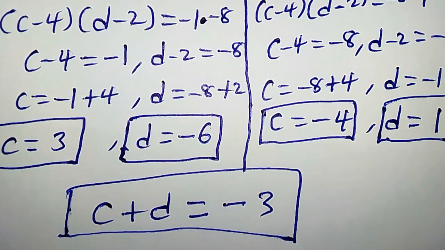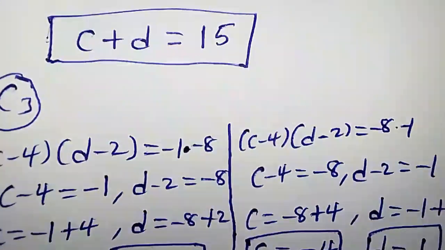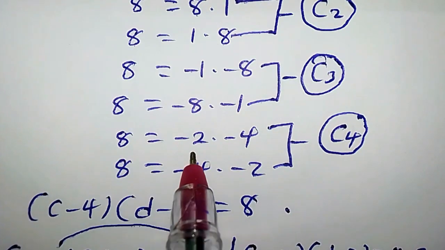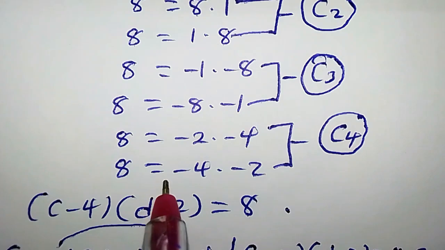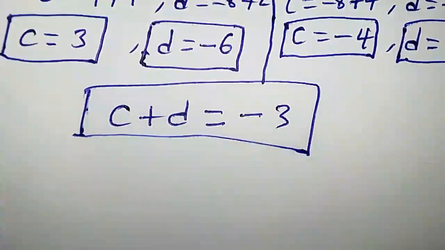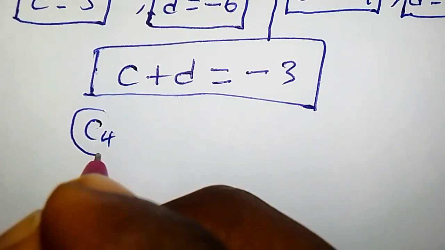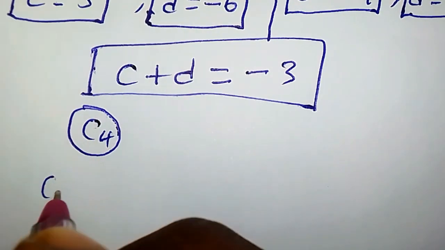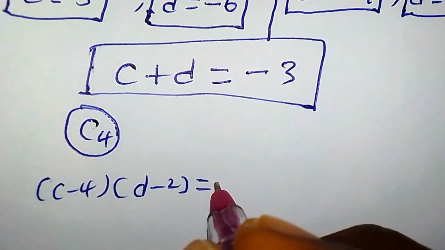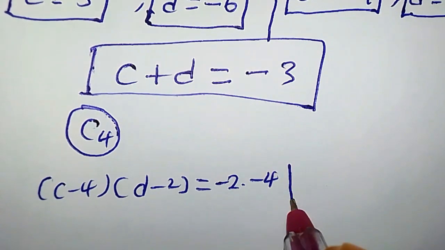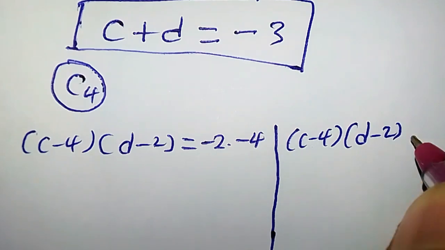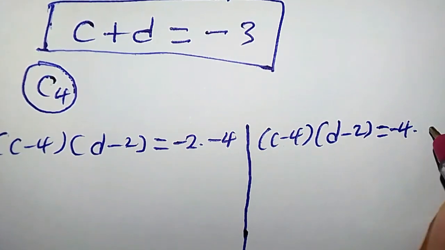Now, let's consider C4, that is the fourth case. 8 equal to minus 2 times minus 4, and 8 equals minus 4 times minus 2. Let's do that. So for case 4, that will be C minus 4 times D minus 2 equal to minus 2 times minus 4, and C minus 4 times D minus 2 equal to minus 4 times minus 2.